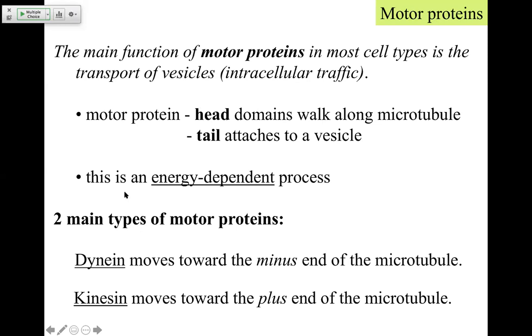This movement, again, is not just Brownian motion, it's not just diffusion, it's an energy dependent process, it requires energy.